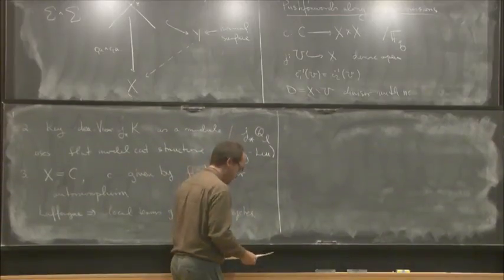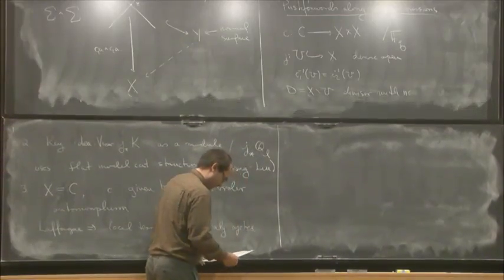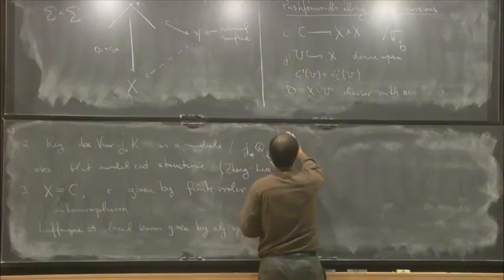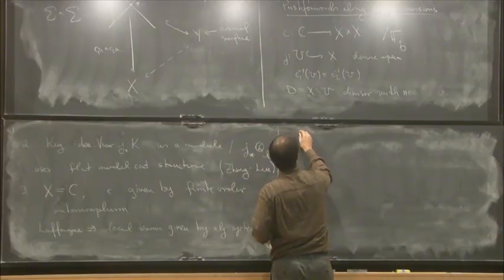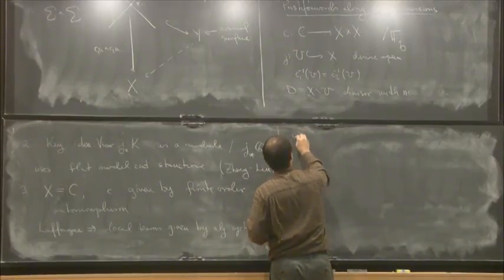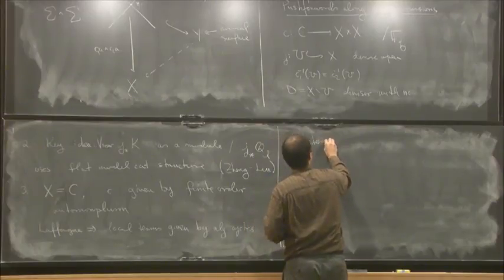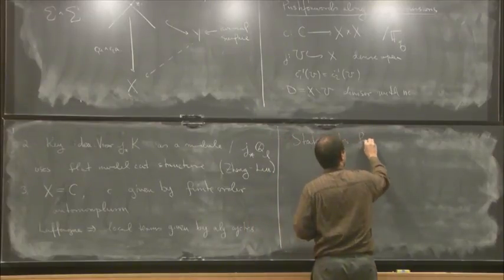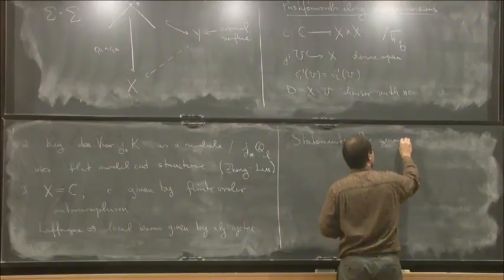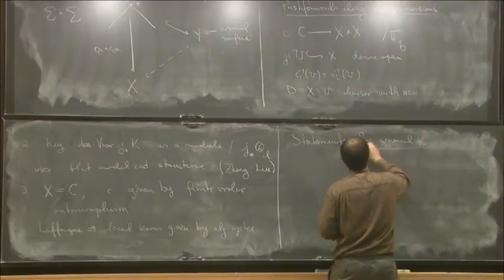All right, let me finish by saying a few words about what statements you can expect for a general K, just an object in the derived category.